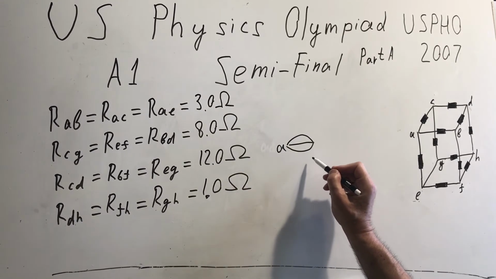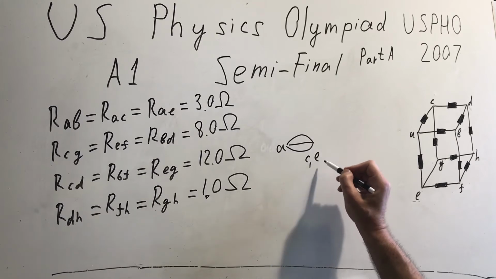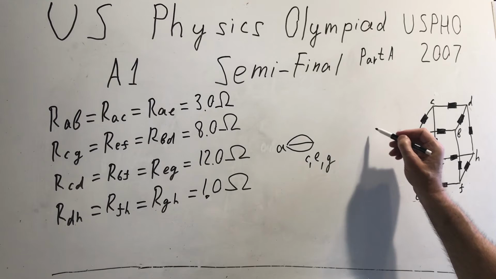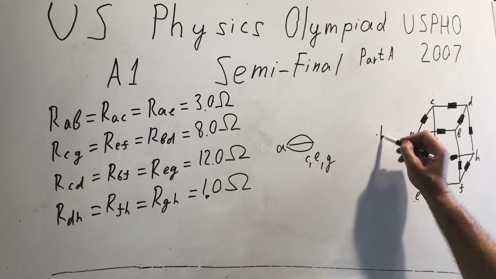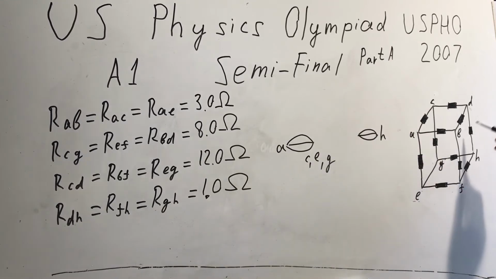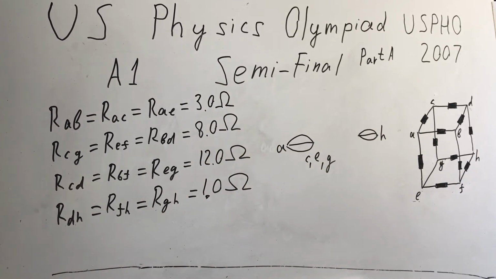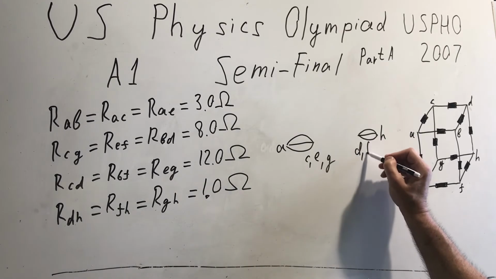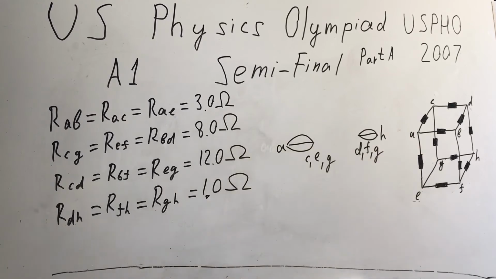That will be C, E, G. Same thing from point H. From point H we have 3 resistors going to 3 equivalent points, D, F, G.